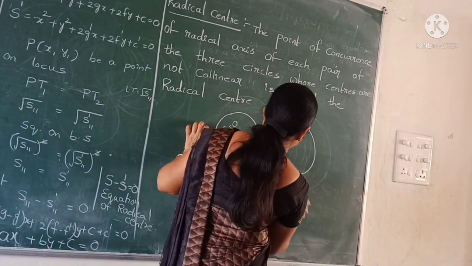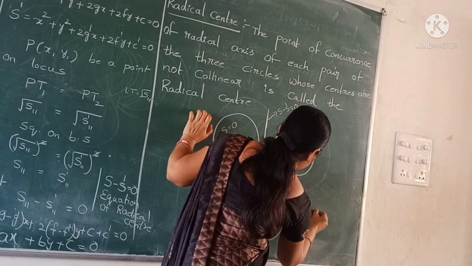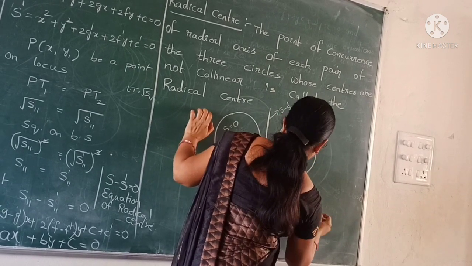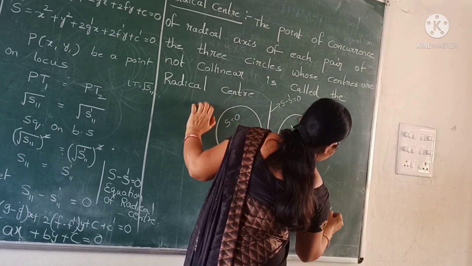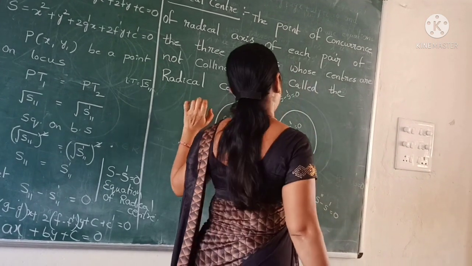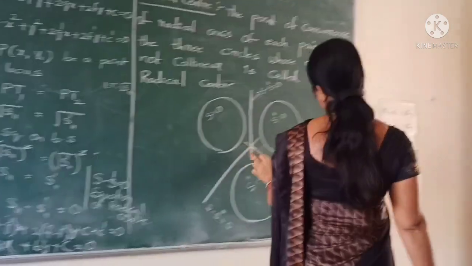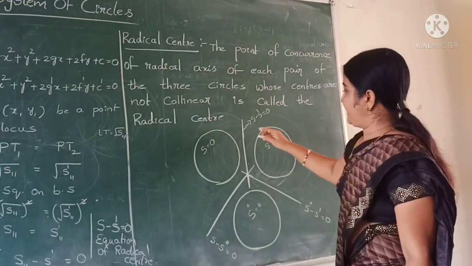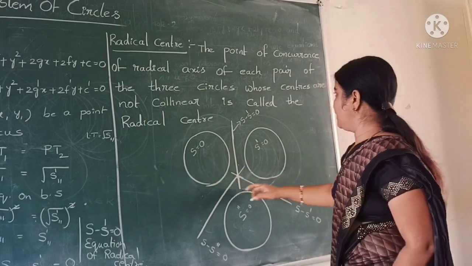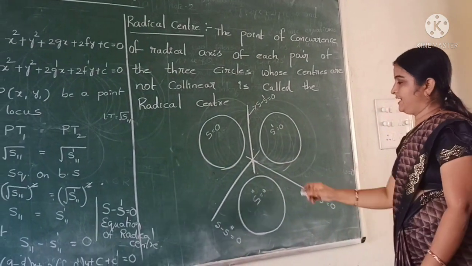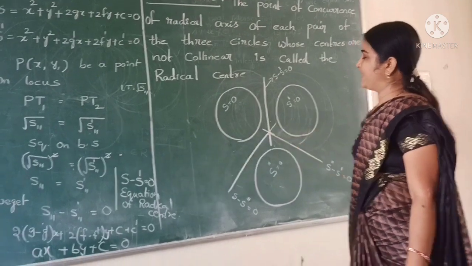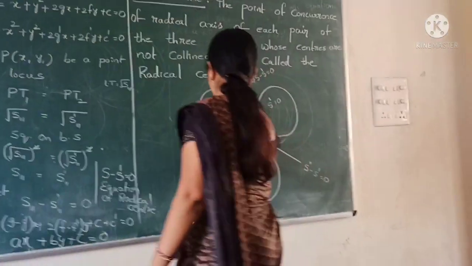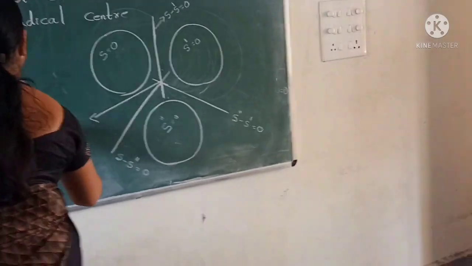And the equation of this radical axis is s double dash minus s dash is equal to 0. These are the equations of the radical axis of the three circles and they intersect at the point of concurrence. This is called the radical center.